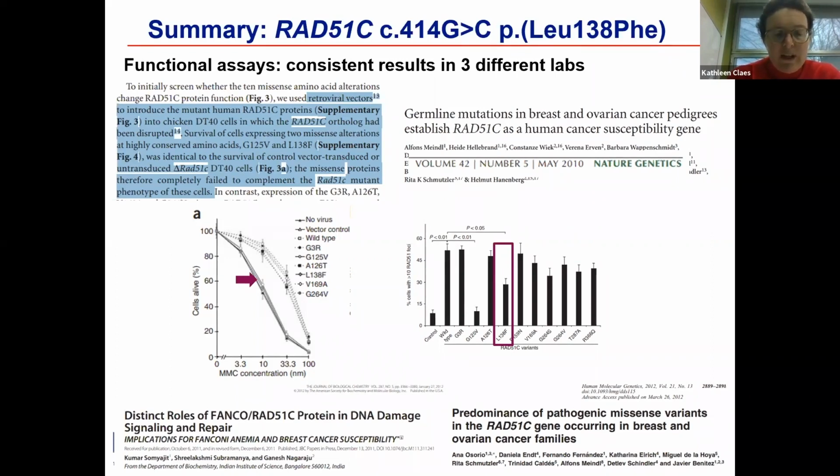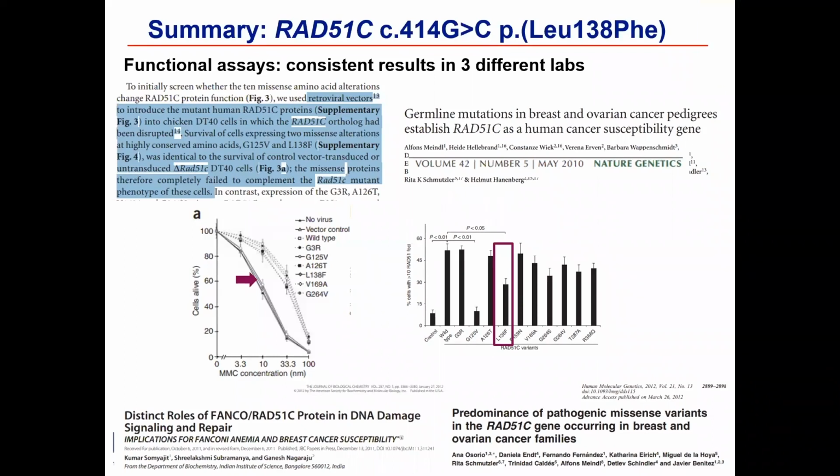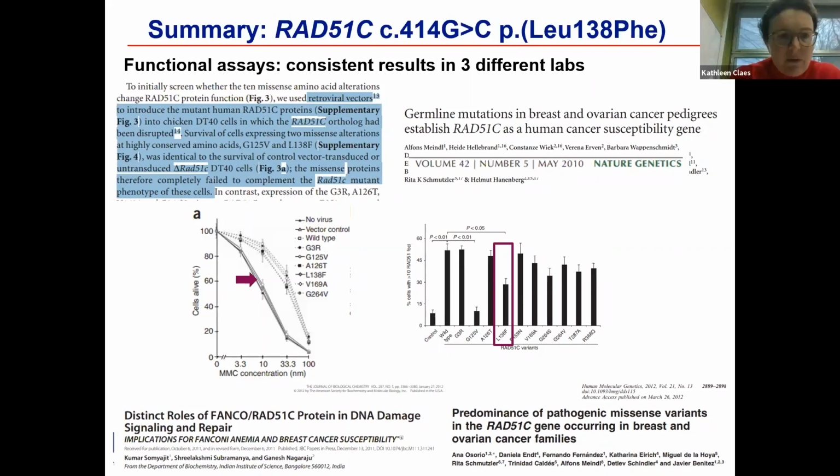The first was done in chicken cells where RAD51C was knocked out, and RAD51C was introduced with a retroviral vector, and then they evaluated the effects by exposing the cells to mitomycin C. In purple, you see that there is clearly an effect visible for this variant compared to the wild type or the vector controls.